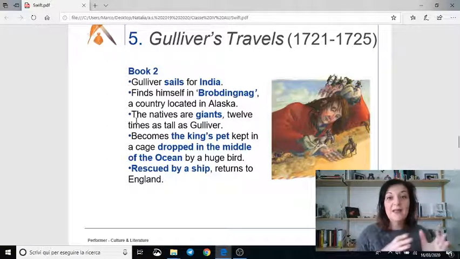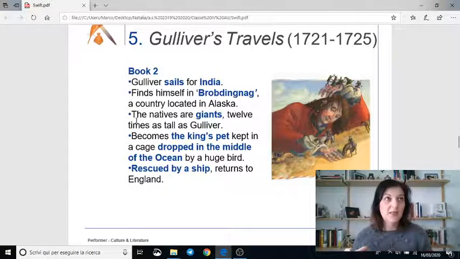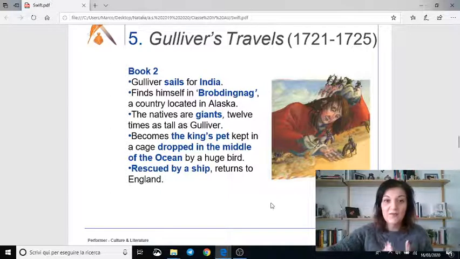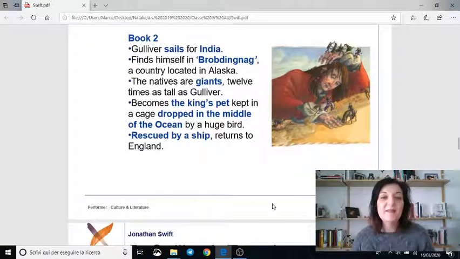Quindi sono più grandi di lui di 12 volte, 12 times as tall as Gulliver. What happens in the land of Brobdingnag? He is kept as a doll, as the doll of the king's daughter.